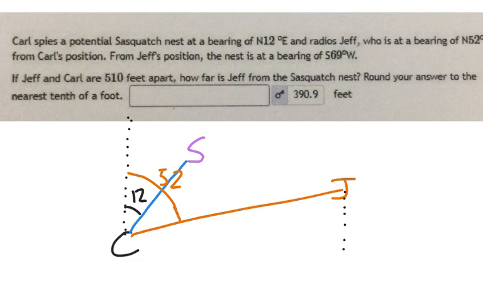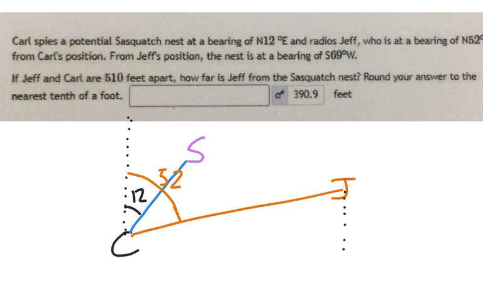So, if we draw a little coordinate plane, axes on each of these, we can form a triangle. It tells us that from Jeff's position, the nest is at a bearing of 69 degrees west of south.